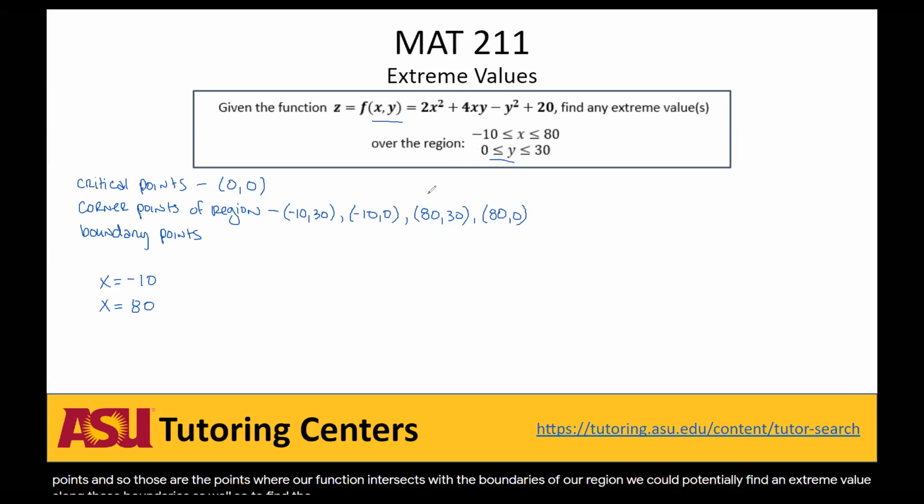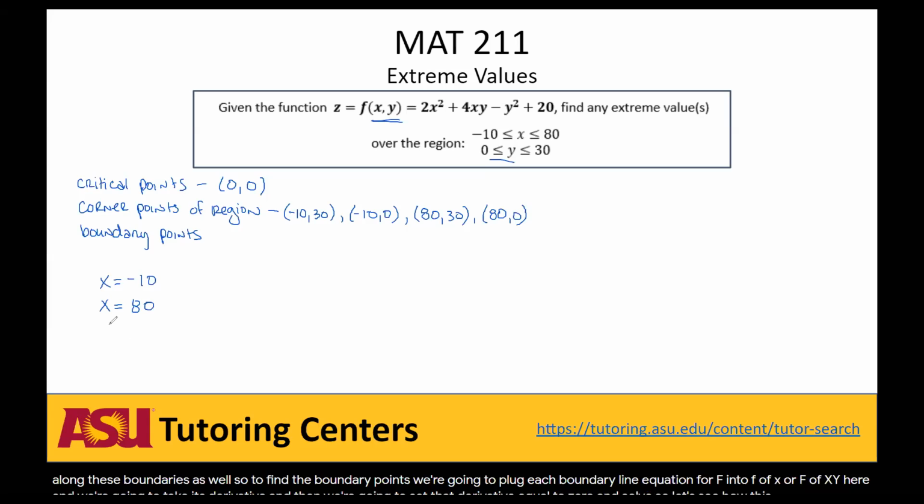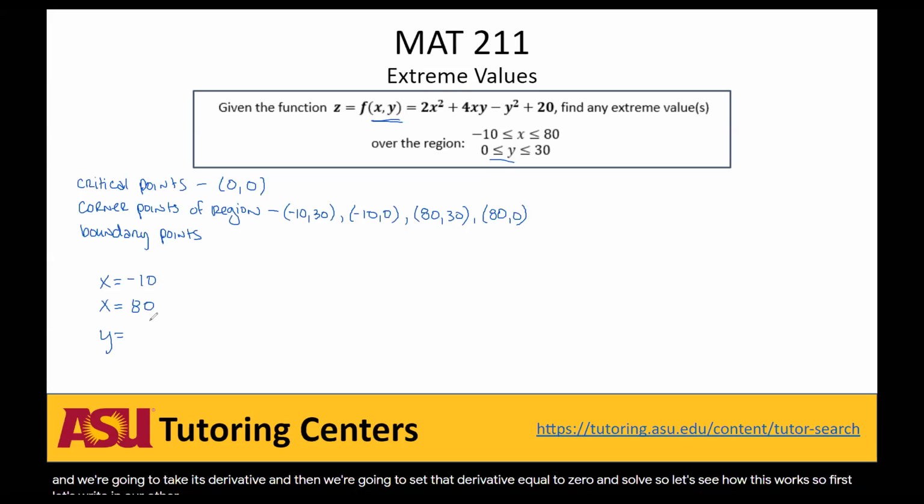To find the boundary points, we're going to plug each boundary line equation into f of xy, take its derivative, set that derivative equal to 0 and solve. So let's see how this works. First, let's write in our other 2 boundaries because we forgot to do that. And we have y is 30. So those are our 4 boundary equations.